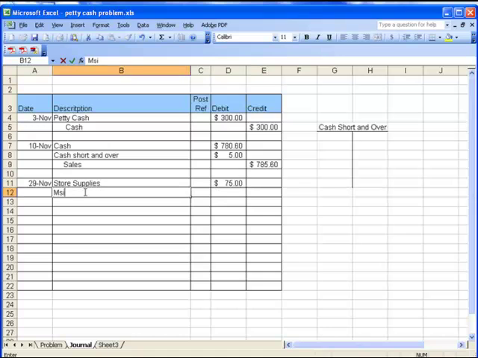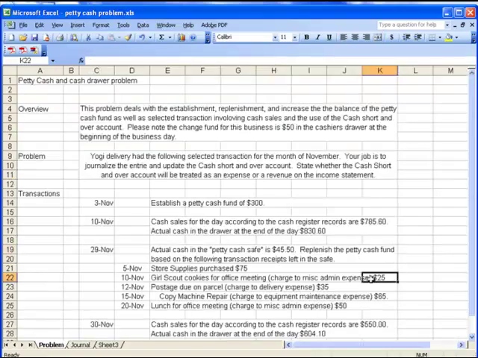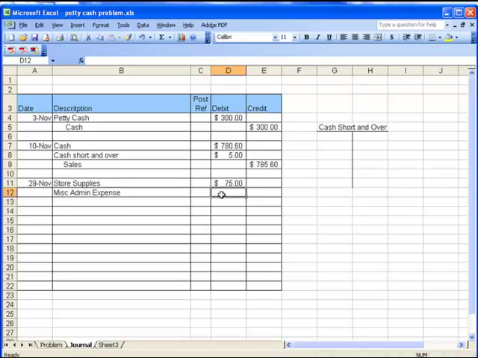We also had some miscellaneous administrative expenses. That was for the Girl Scout cookies and for the lunch for the office. If we total those two amounts, Girl Scout cookies were $25 and the lunch was $50, a total of $75. We're going to debit miscellaneous administrative expenses $75.